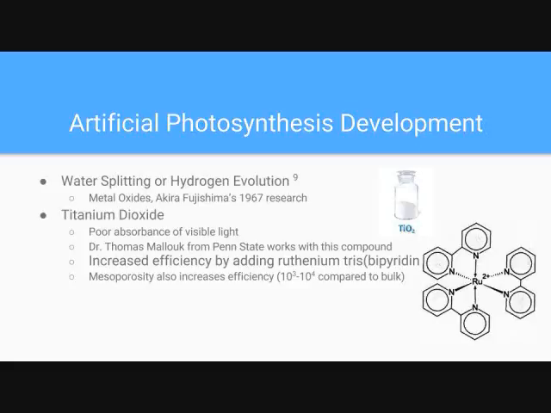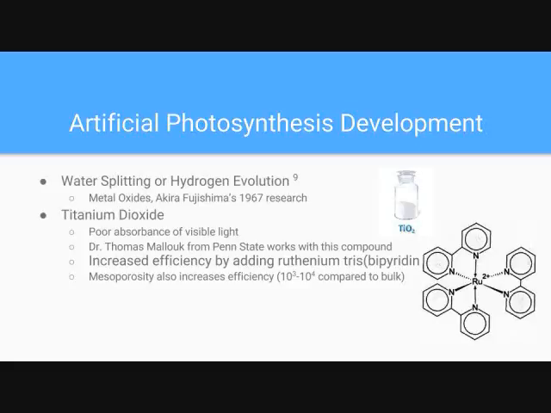It has very poor absorbance of visible light, and thus interest in that compound has languished over the years. However, our own Penn State's Dr. Thomas Maluk still works with this compound nowadays and has found that he can increase the efficiency, the ability of the compound to absorb visible light, by adding a dye of ruthenium trisbipyridine.